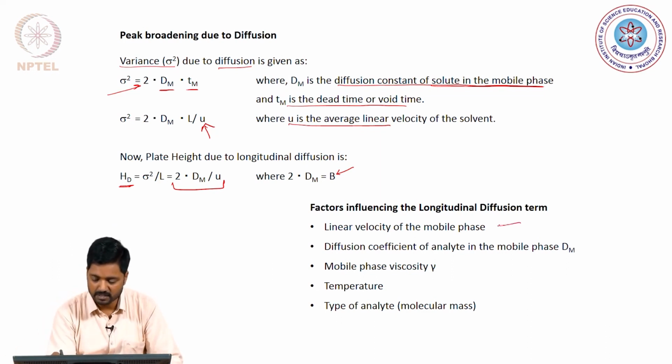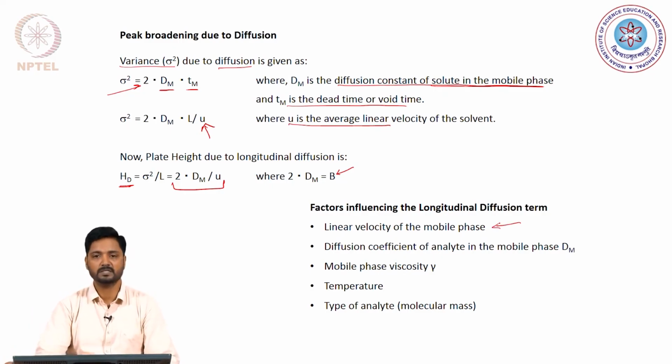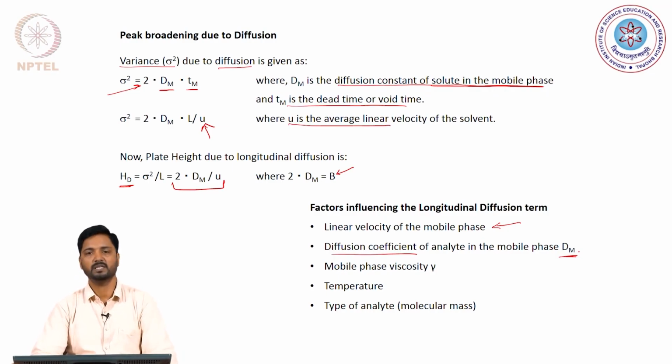Of course, we have already discussed that the linear velocity of the mobile phase is one of the most important factors that control the longitudinal diffusion term, and we have already seen that we need much higher flow rates to achieve the minimal value for this term.